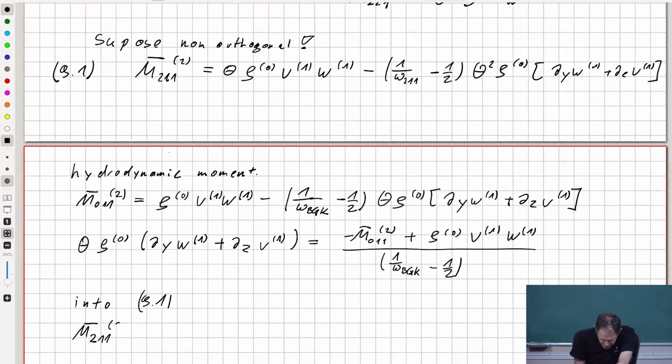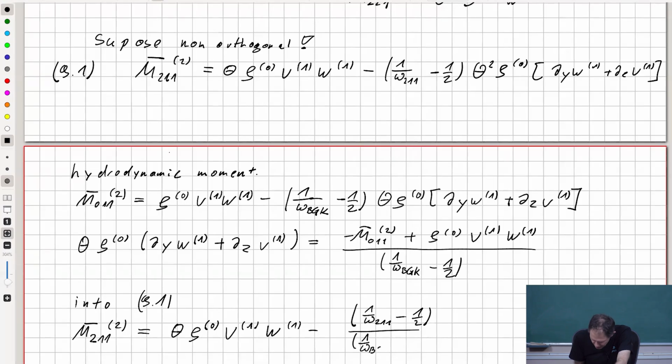So the ghost is equal to theta rho 0 order V first order W first order minus, now if we put everything here, we get 1 over omega 211 minus 1/2 divided by 1 over omega BGK minus 1/2.